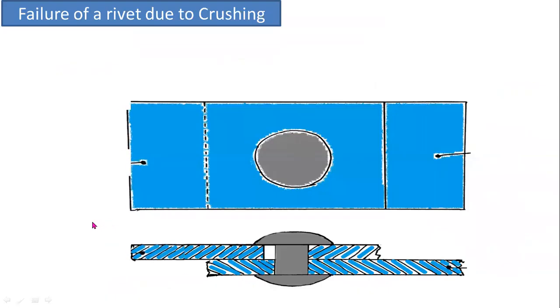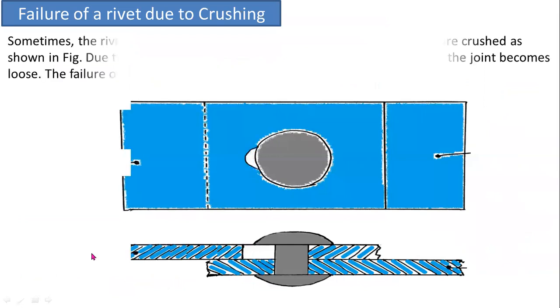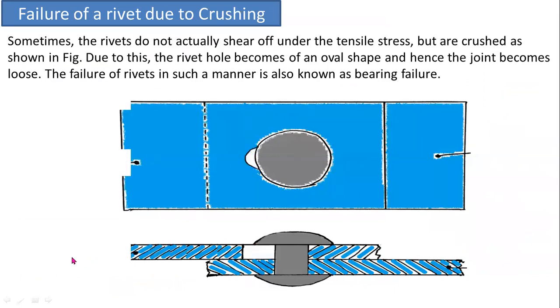This is the last failure, failure of a rivet due to crushing. When you are applying the pulling loads, sometimes the rivets do not actually shear off under the tensile stress, but are crushed as shown in the figure. Due to this, the rivet hole becomes of an oval shape, and hence the joint becomes loose.